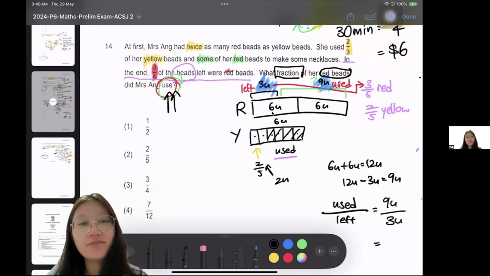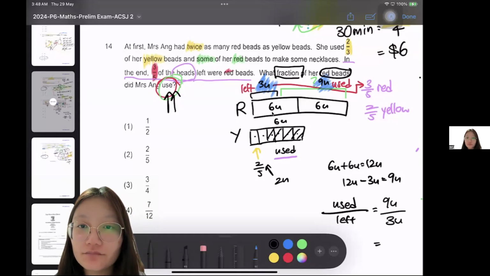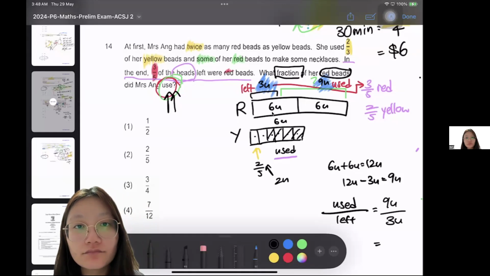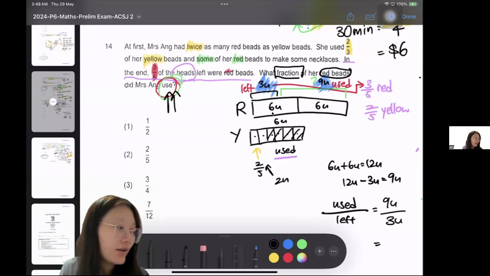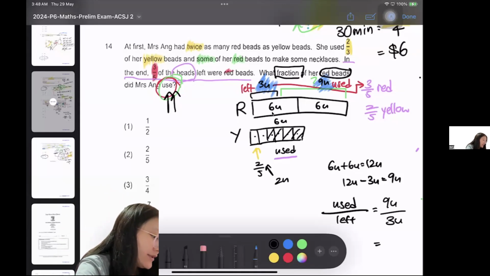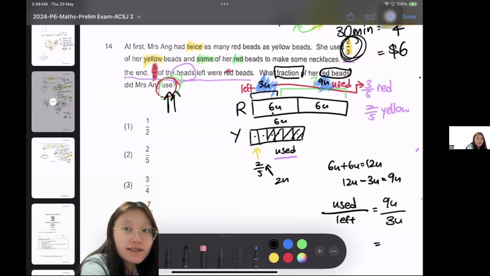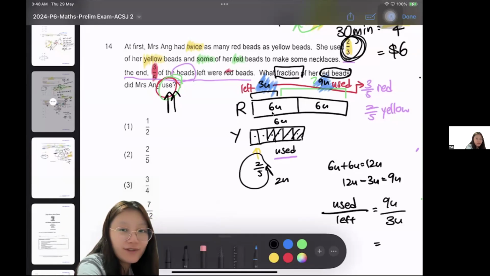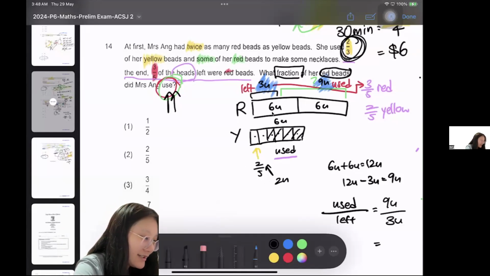Wait a minute. Oh, it's 2/3. Oh no, wait a second. Okay, because I saw this wrongly, so we have to do it again. Because it's 2/3 instead of 2/5, I need to change it.